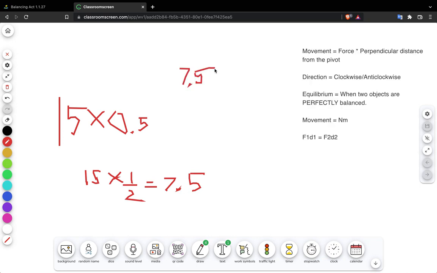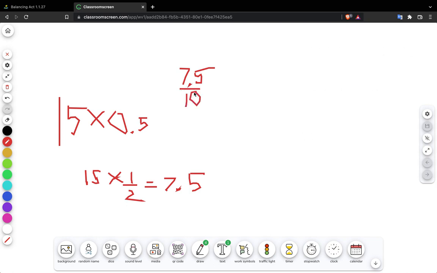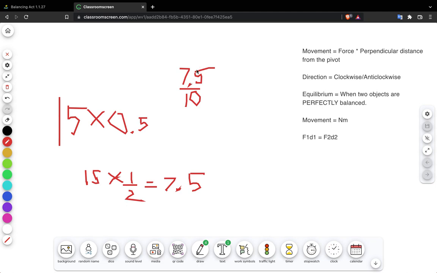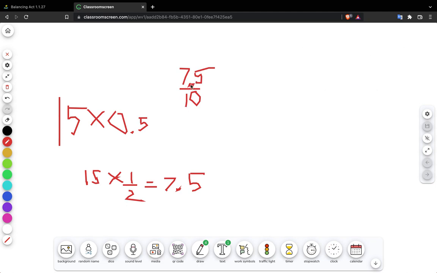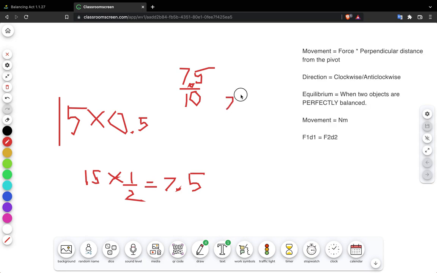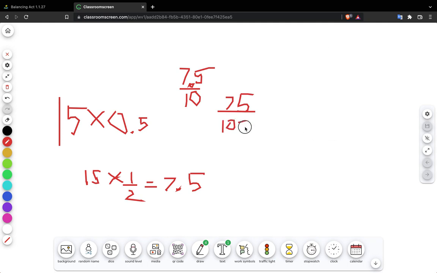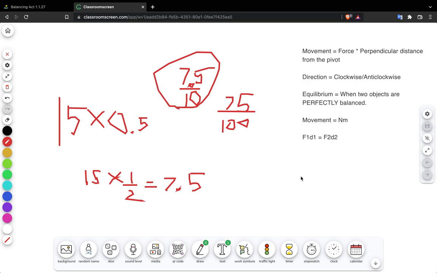Now we do know the F2 again. So the F2 is 10. Now just simply looking at this, 7.5 upon 10 is basically 75 upon 100. I got this because we now know the equation: F1 D1 upon F2 is equal to D2.